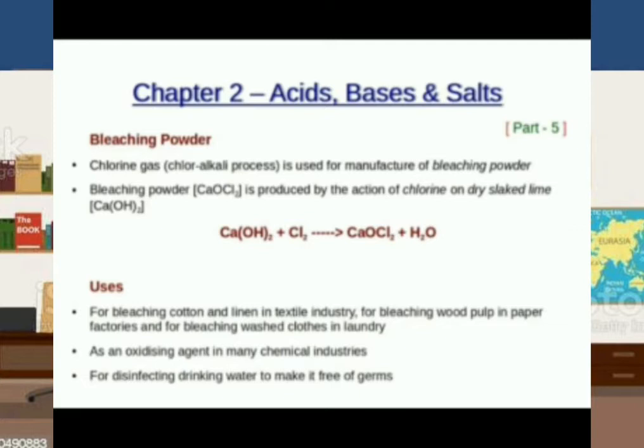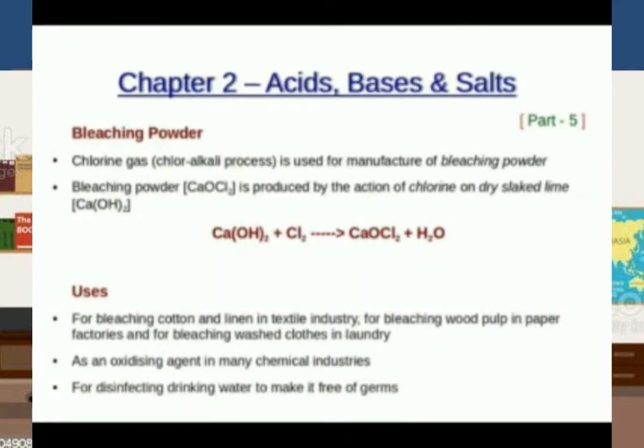The uses are for bleaching cotton and linen in the textile industry, for bleaching wood pulp in paper factories, and for bleaching washed clothes in laundry, etc. We can also use it as an oxidizing agent in many chemical industries, and as a disinfectant in drinking water to make it free of germs.